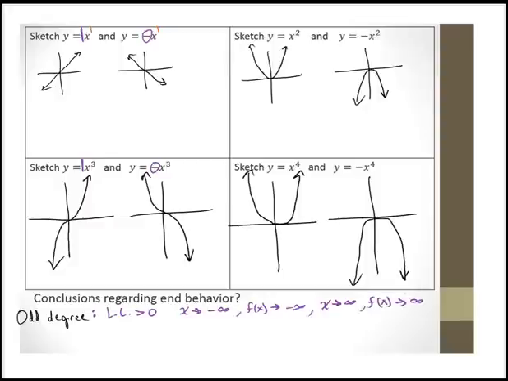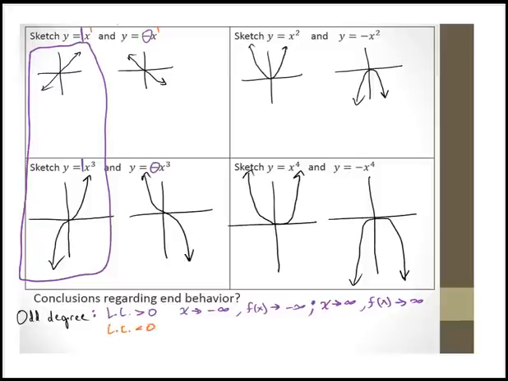All right, so that's lead coefficient greater than 0. So that's these cases. If the lead coefficient is less than 0, that's these cases. As x approaches negative infinity, that just sort of flips.